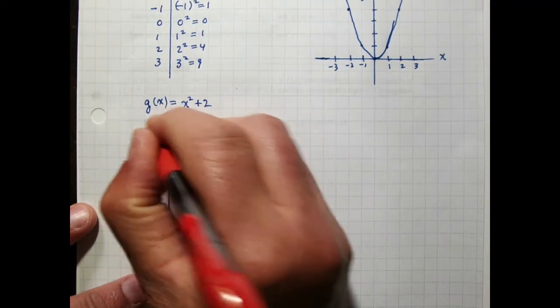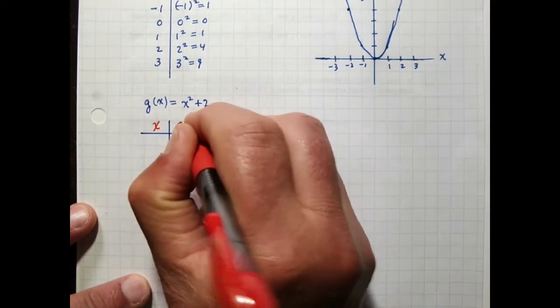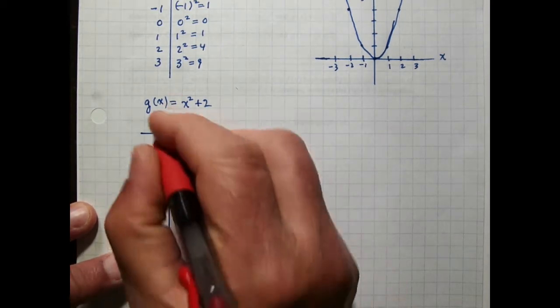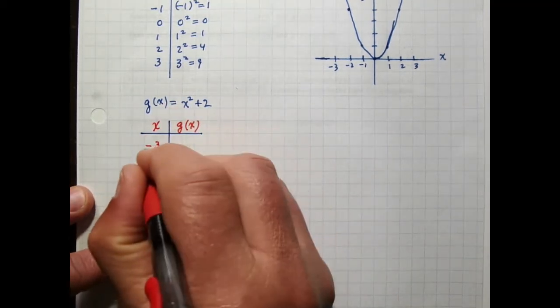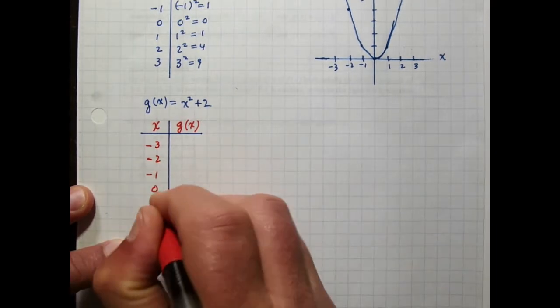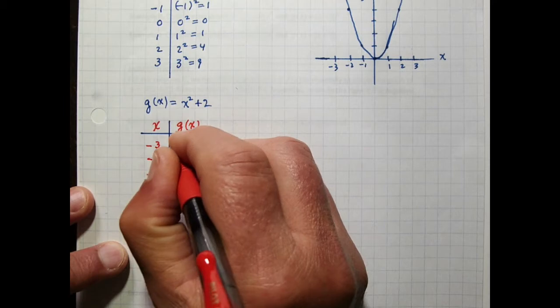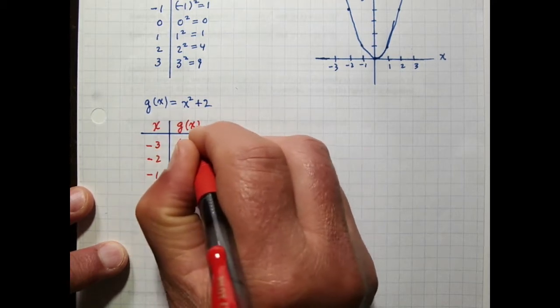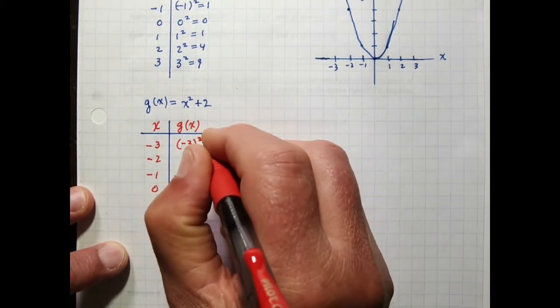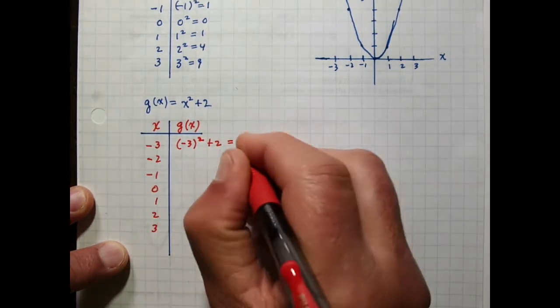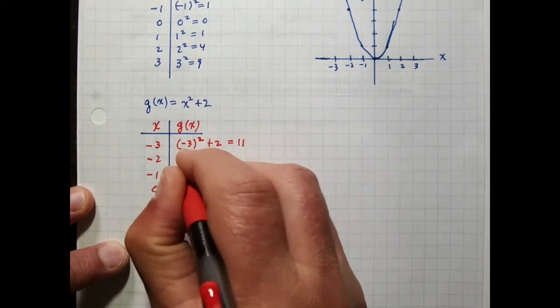And now let's, so I'm going to slide this up a bit so we can do some calculations with g. So the g values I'll write in red, just so we have a way to compare the two. And again, I'll look at the same x values and plug into the function g. So I'm doing something very similar, squaring, but then I'm adding a constant on the end, right? Adding 2, so I get 9 plus 2 is 11 at -3.